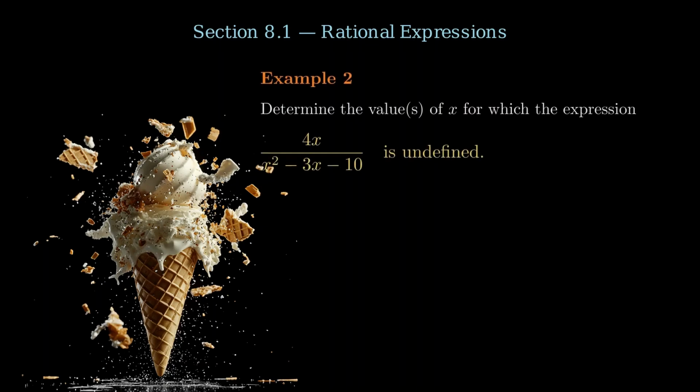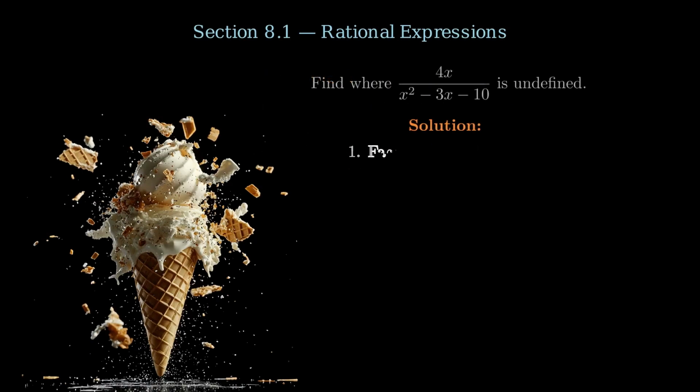Let's look at another example with a quadratic denominator. Determine the values of x for which the expression 4x over x squared minus 3x minus 10 is undefined. To solve this, we first need to factor the denominator.